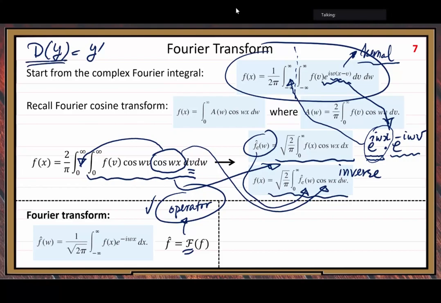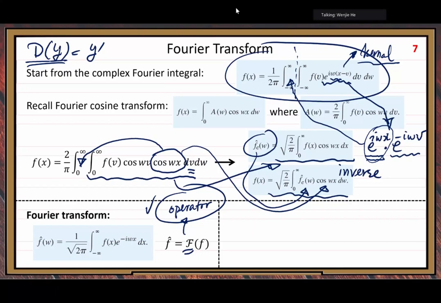So the operator way, in calculation, can sometimes help people convey some special meaning. Here, we treat the Fourier transform as an operator. We apply an operator on a function. D is applied on a function, and the curly capital F is applied on a function.